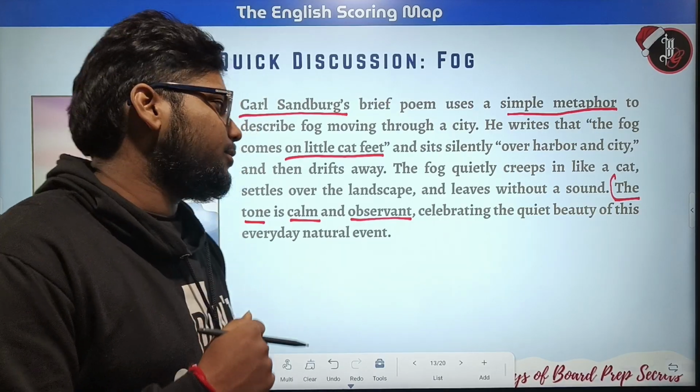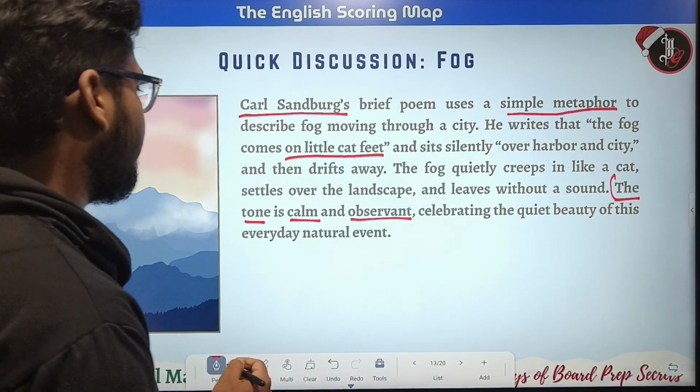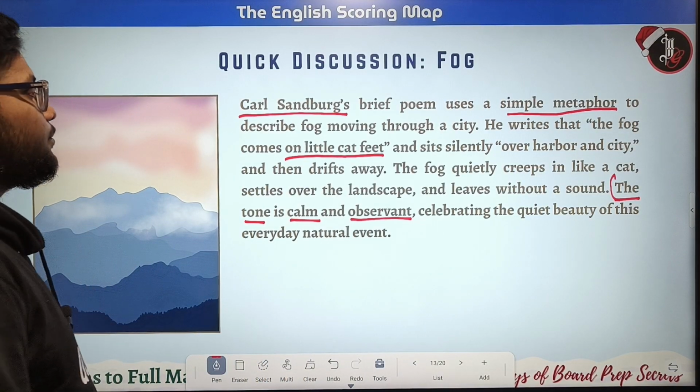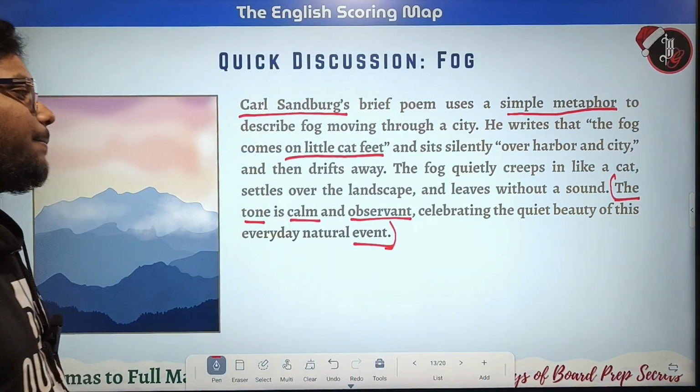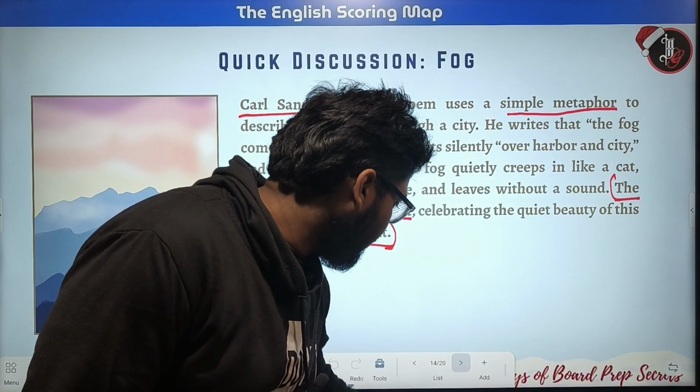That's the tone, celebrating the quiet beauty of this everyday natural event. I hope it's clear. If you have any problem, let us know in the comment section. Take a screenshot very fast. Come on, let's move on to the next topic.